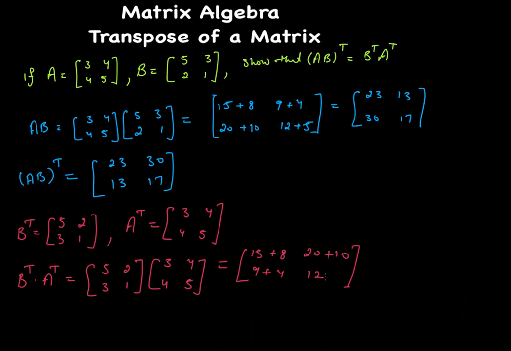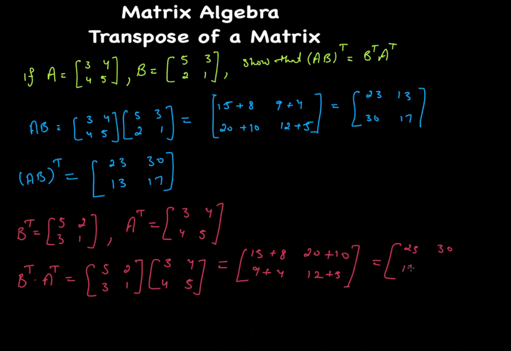And 1 times 5 is 5. This is equal to 15 plus 8, 23. 20 plus 10 is 30. Sorry, what I wrote. 20 plus 10 is 30.